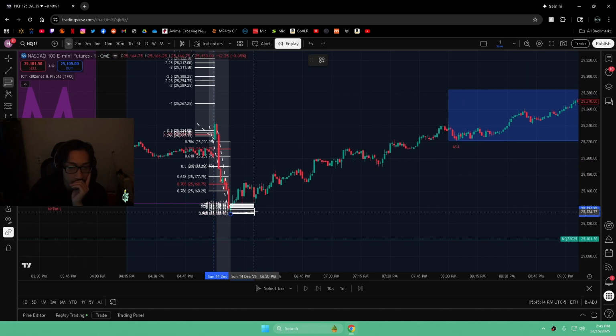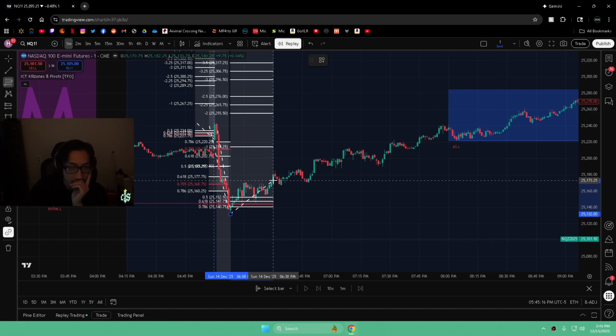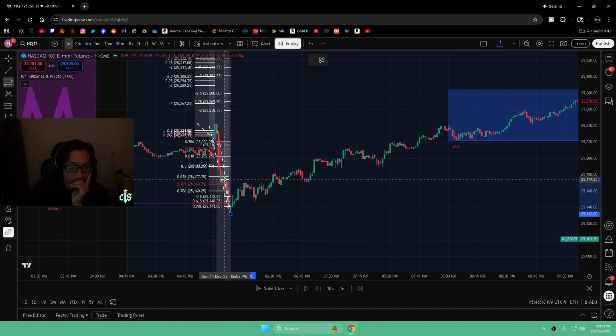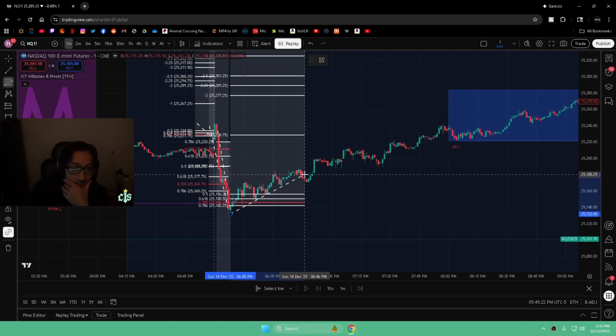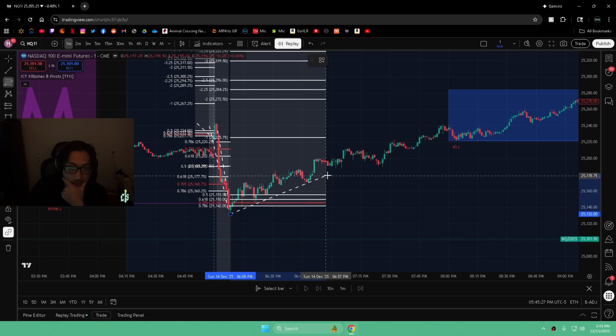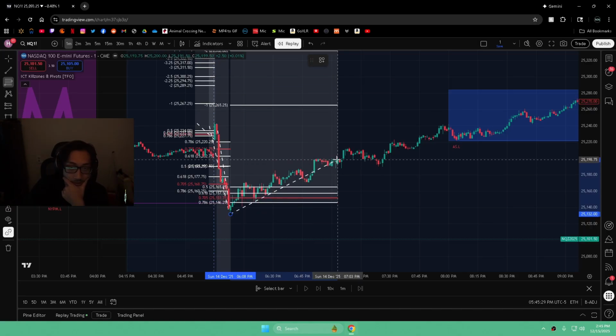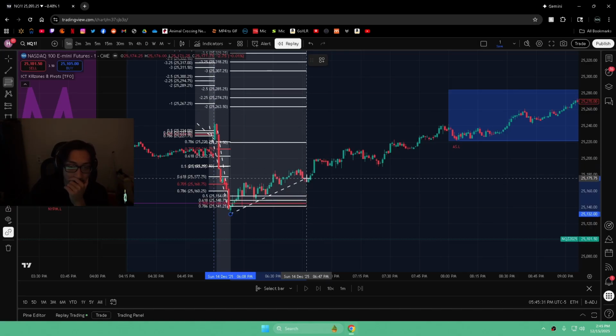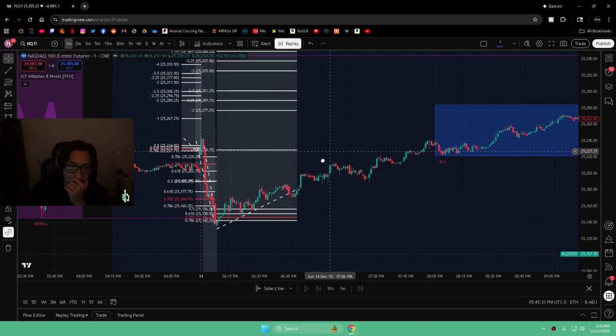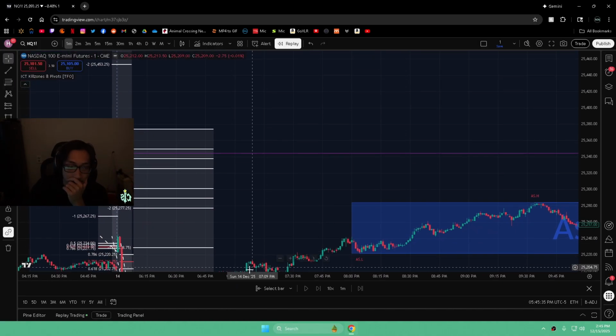When this range bodies above this candle, right? It bodied right here. It also bodies right here. So let's go ahead and take this one and see if this one hits. I don't believe this one does.